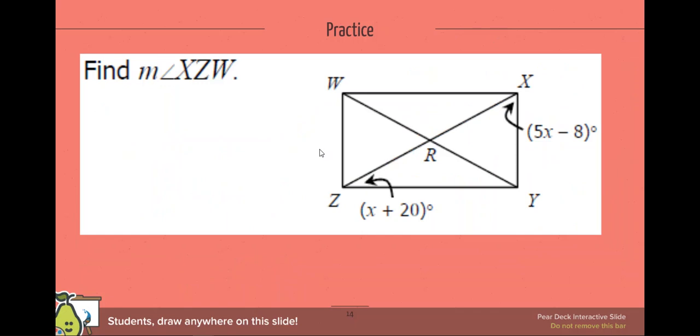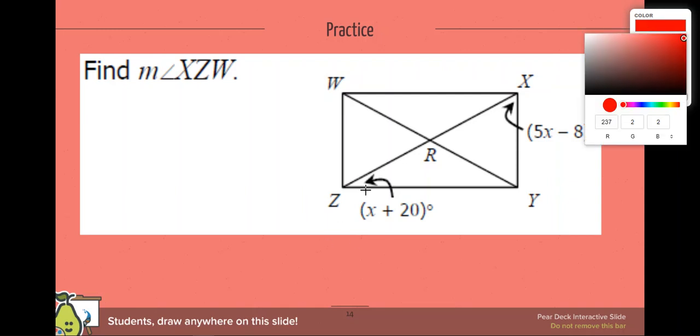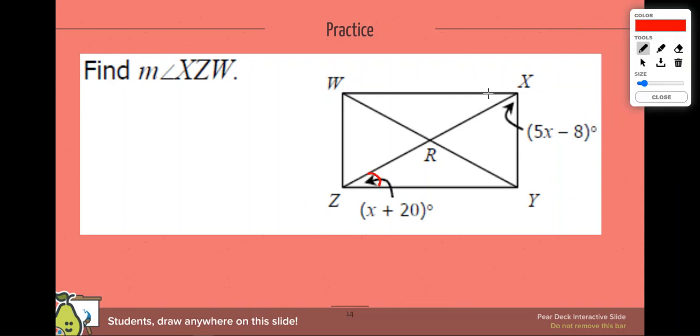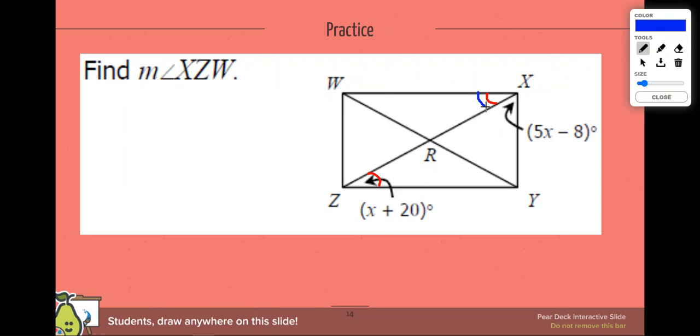So we can use this information to solve for missing angles. Because we know that alternate interior angles are congruent. So I know that this angle is congruent to this angle. And because I know that the 2 angles have to add up to 90 degrees, I know that this whole thing is 90 degrees.